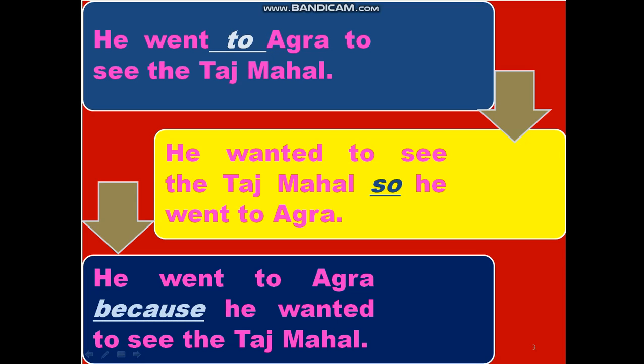So we have one simple sentence, one compound sentence, and then the complex sentence. I want to say that two or more sentences can be combined in three ways. First, they can be combined into one simple sentence, or in a compound sentence, or in a complex sentence.